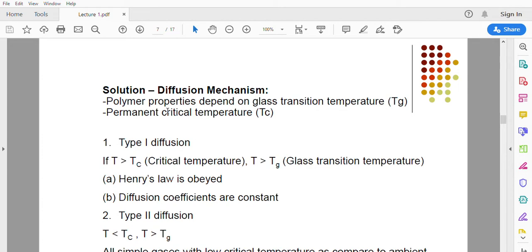So what is the glass transition temperature? The glass transition temperature is the temperature where the polymeric molecules start segmental movability. When you go from the solid state to the liquid state, what is the difference? In the solid state, the molecules are present in a stationary form. In the liquid state, molecules start to move, but polymers are very large molecules.